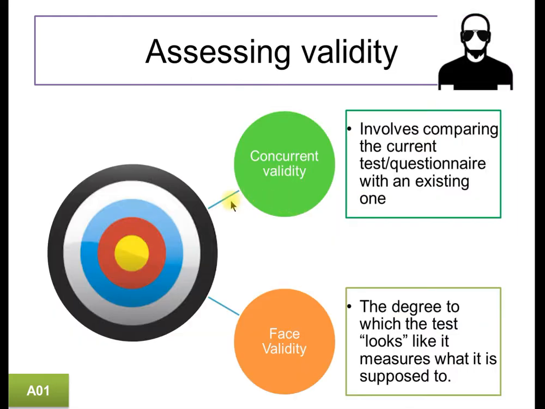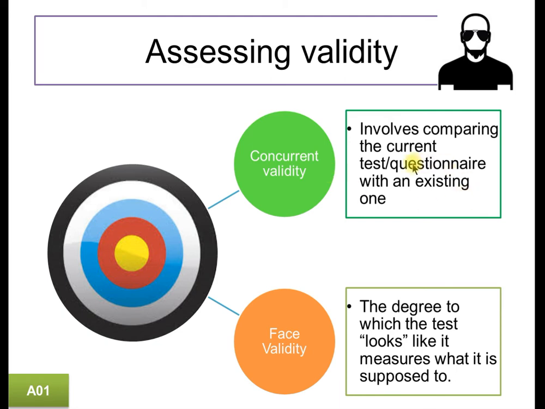How do we assess validity then? Well, to be fair, it involves comparing the current test questionnaires with existing ones. And we call this concurrent validity. So if you have a test, take Milgram's test, Milgram's behavioural test. He had no way really of comparing his findings because no one had carried out anything similar in his experiment.